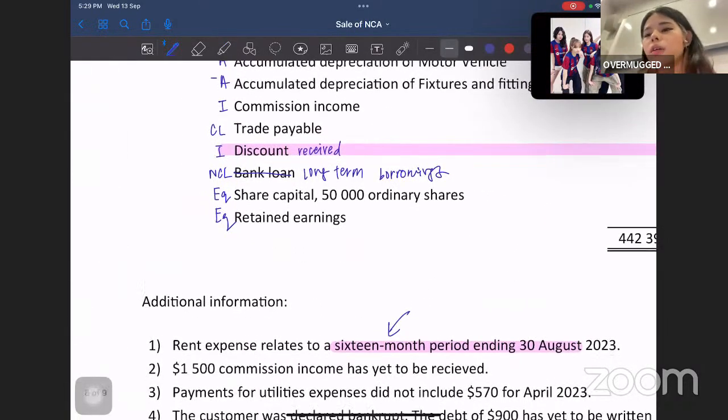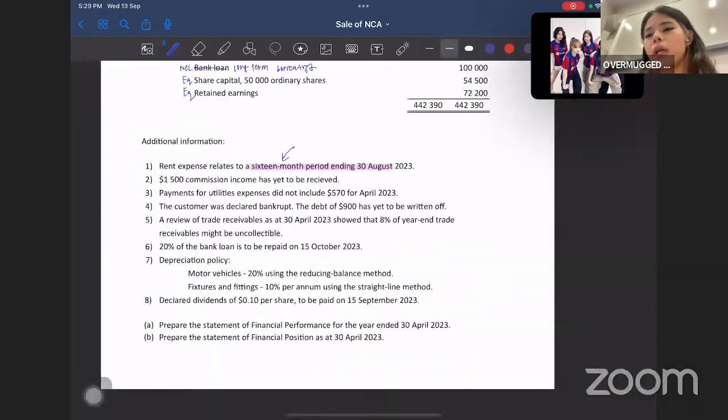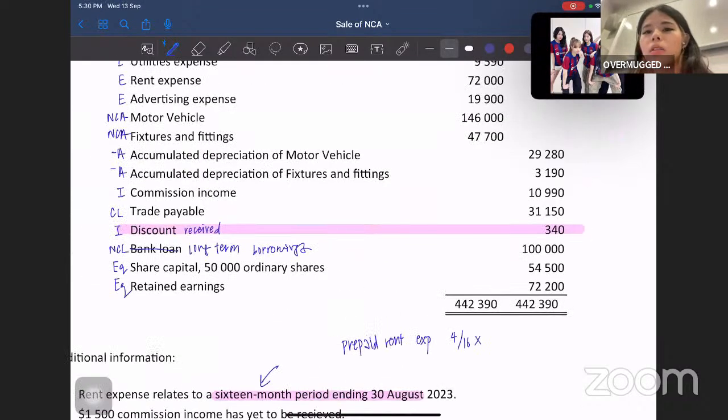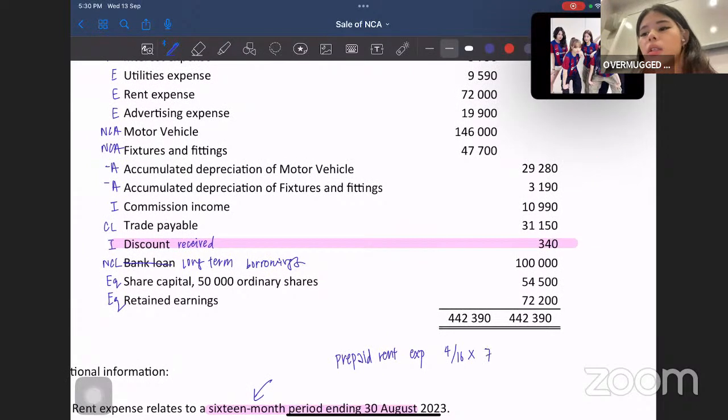Okay, so my adjustment, I'll create a prepaid rent expense. Okay, prepaid rent expense. And then that will be 4/16 multiplied by my rent, which is the 72,000. Okay, so you will go and work it out yourself.